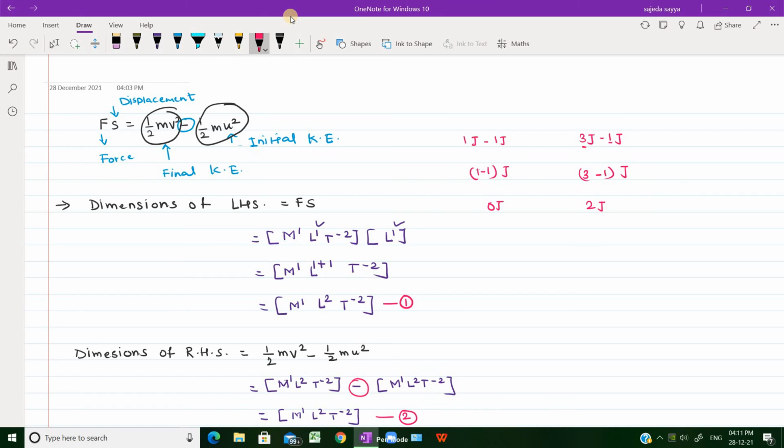Therefore, looking at equation 1 and equation 2, we can say that the dimensions of LHS equal the dimensions of RHS.